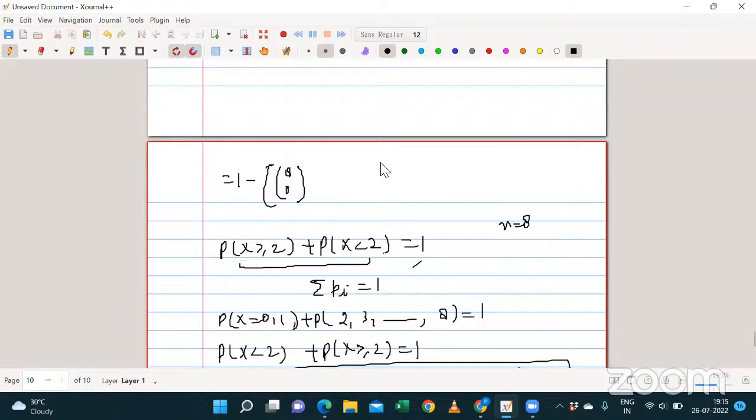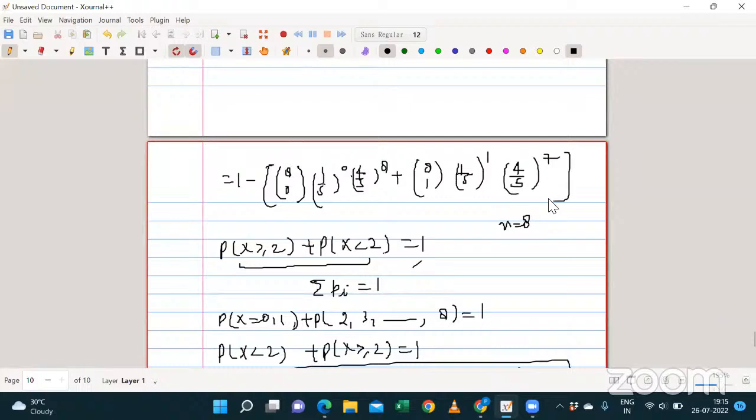We have to do the calculation only for two terms, 8C0 and 8C1. Half of the time I was getting answers in 10 to the power minus 8 or something, so I was not able to get the answer. I think I got so many questions wrong.